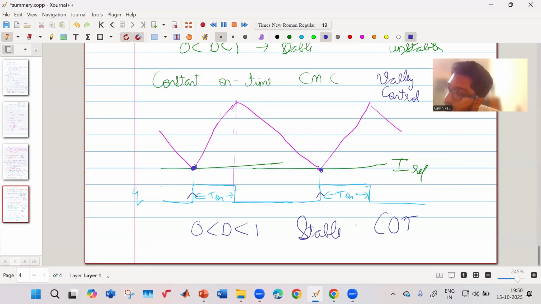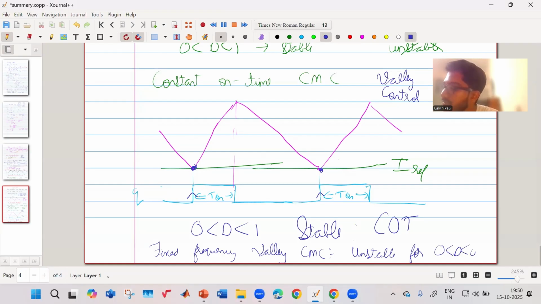But if you go for fixed frequency valley current mode control, it is unstable for D from 0 to 0.5.